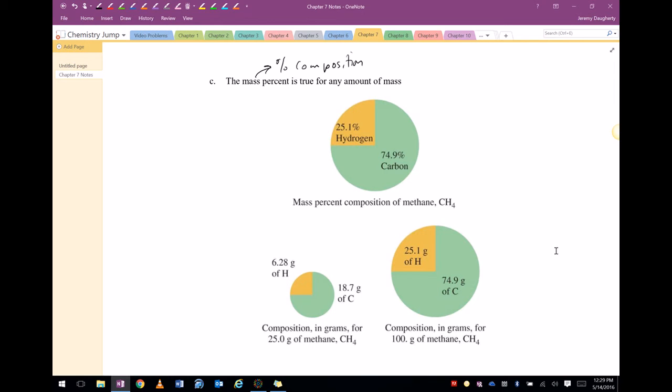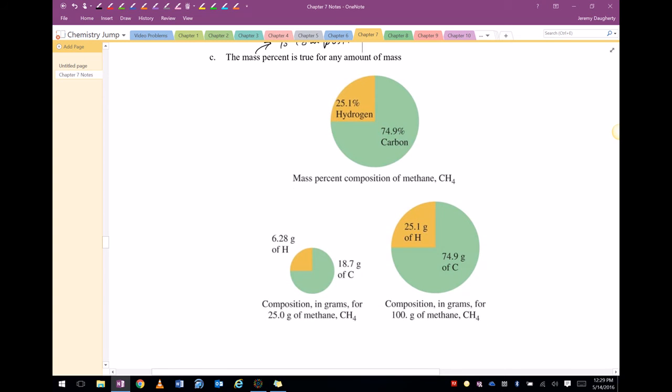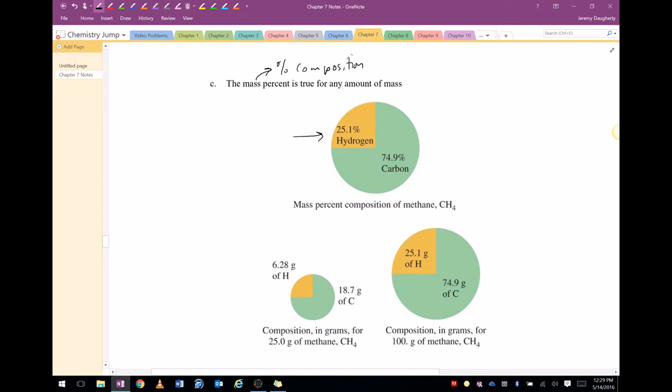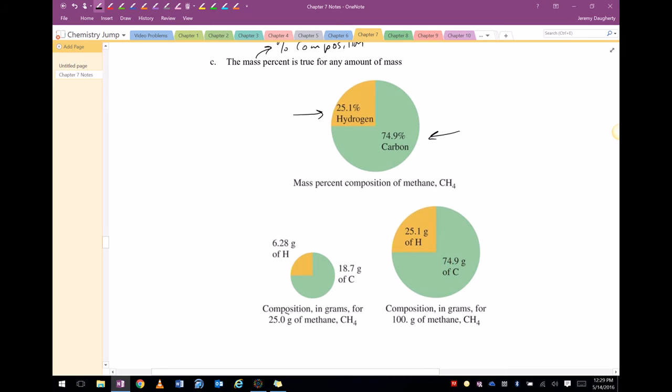Here's the percent composition of hydrogen, and here's the percent composition of carbon. If I have 25 grams of methane, CH4, that means I have 6.28 grams of hydrogen, which is 25.1%, and I have 18.7 grams of carbon, or 74.9%.